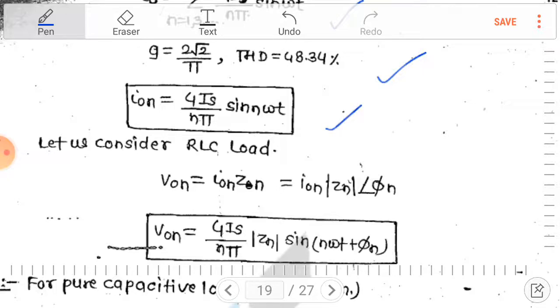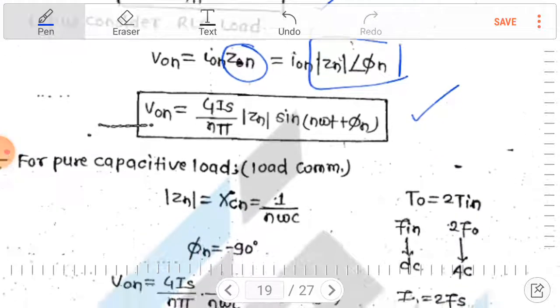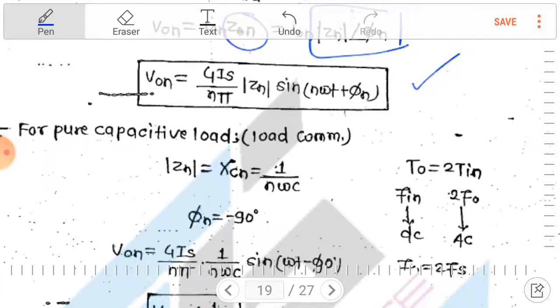We can find the nth harmonic current magnitude, and to get the voltage magnitude we will multiply by Zn, where Zn is in polar form, so magnitude and angle will be considered. By putting the value of Zn, we get 4 Is by n pi Zn sin(n omega t plus phi n).